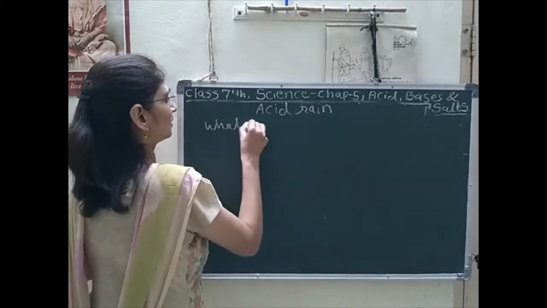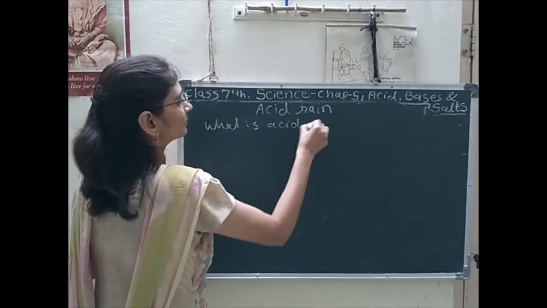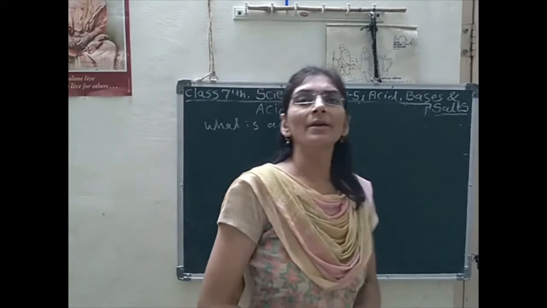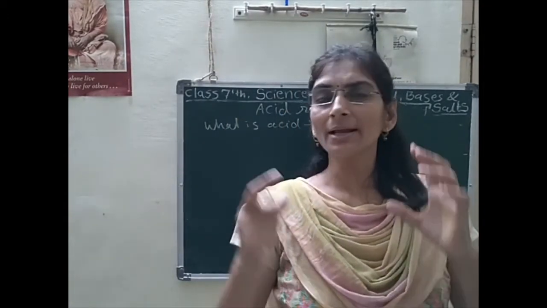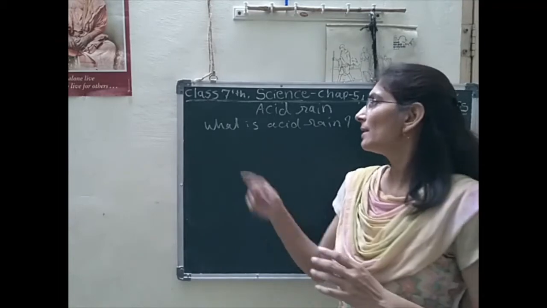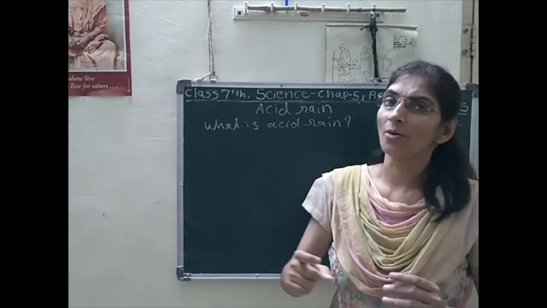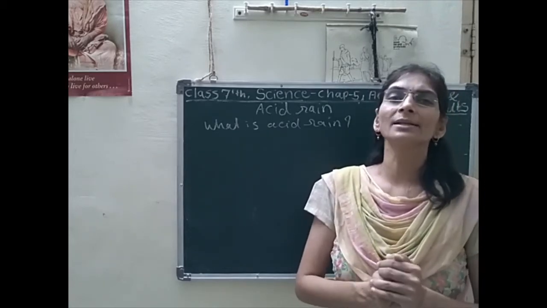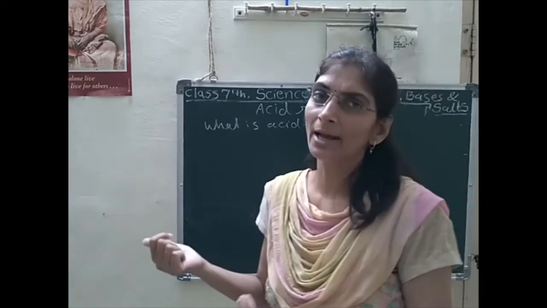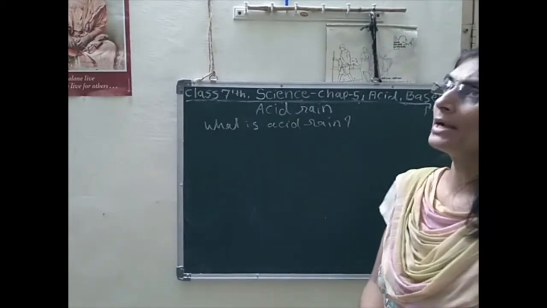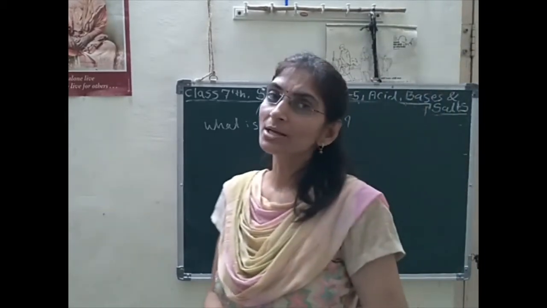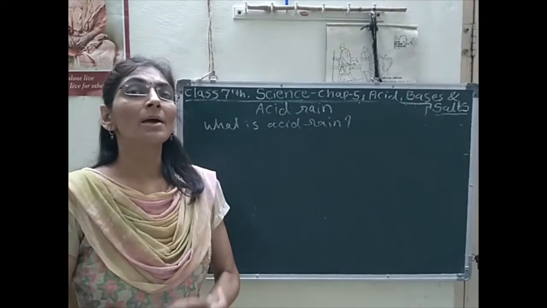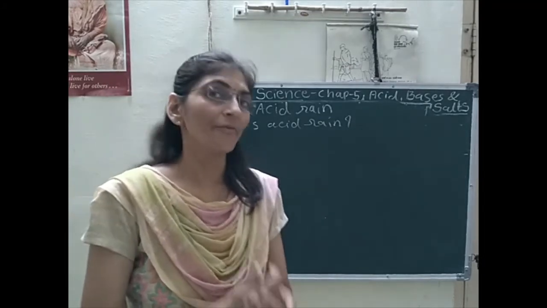Okay. So first point, what is acid rain? When rain has excess acid in its water, acid rain is formed. How does this acid rain form? We know there is a lot of pollution everywhere because of factory waste.